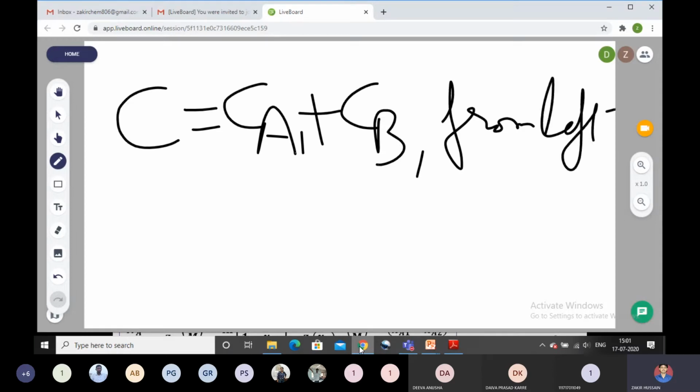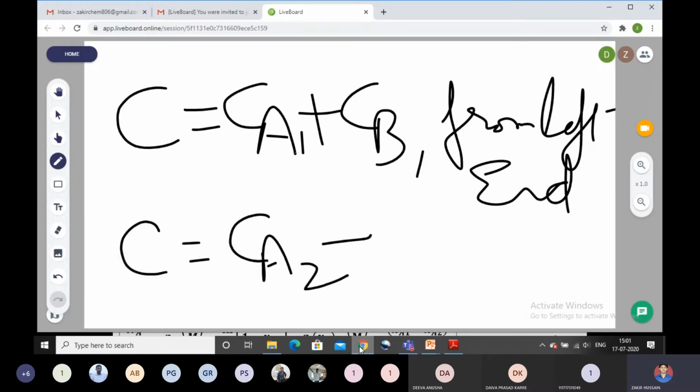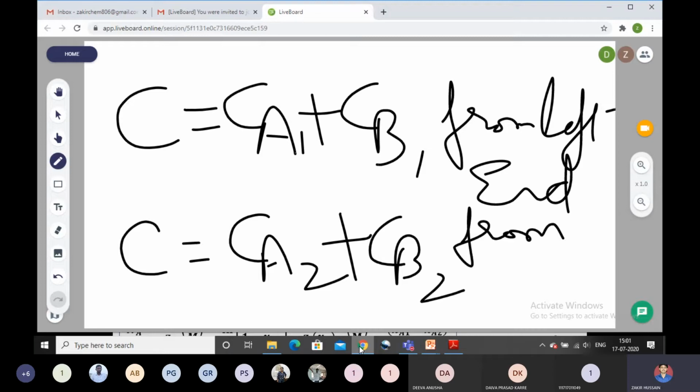Whereas from the right hand, C is equal to Ca2 plus Cb2.